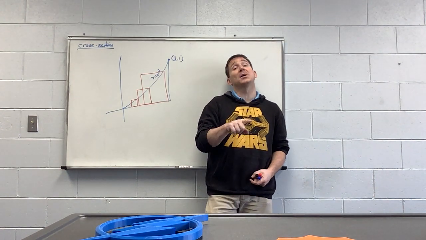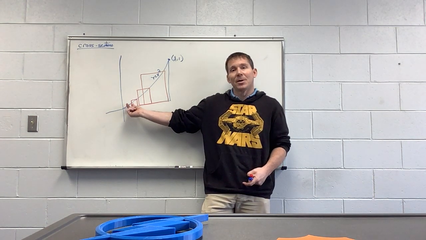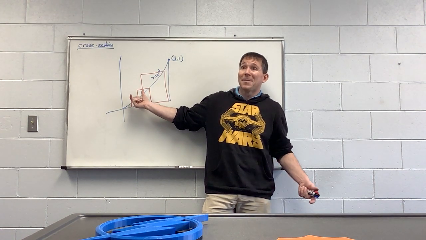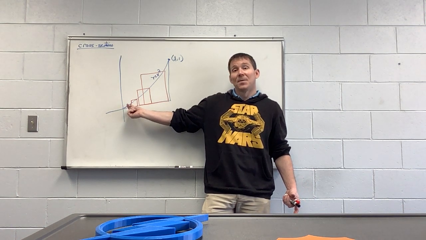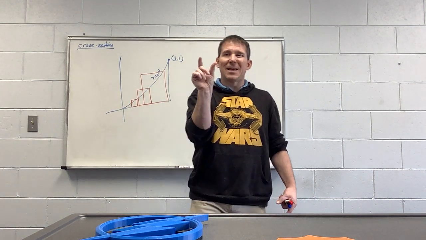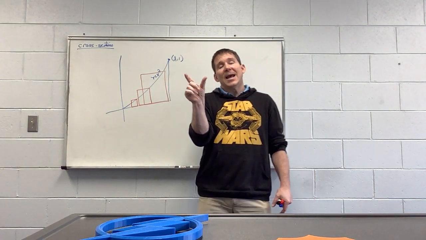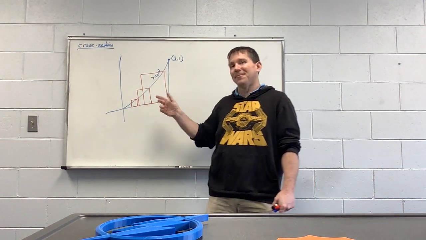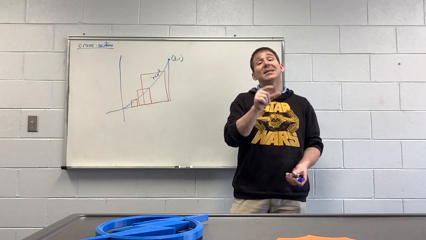How would I make my approximation better? I'd make my square prisms narrower, like I did with the cylinders. And then how would I make my second approximation better? I'd make those square prisms even narrower. Ultimately, I would make their height smaller, like with the cylinder. And as they get narrower and narrower and narrower, and essentially almost become flat squares, that approximation for the volume will become exact.